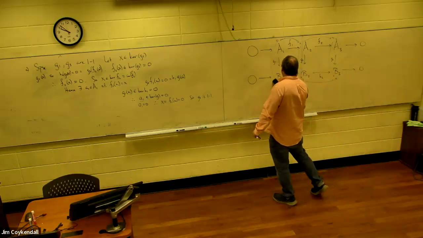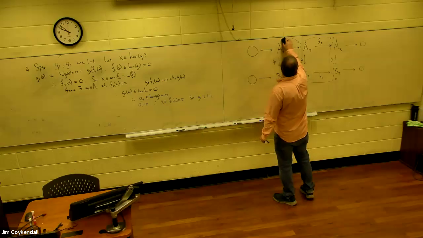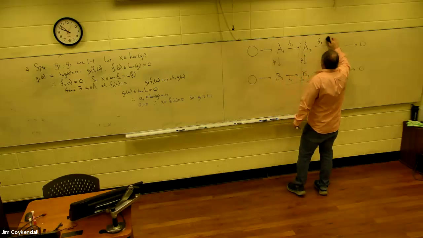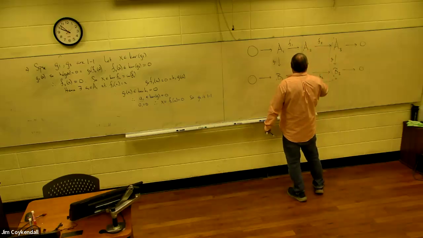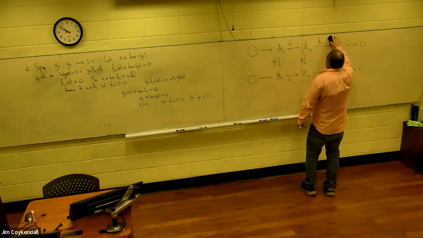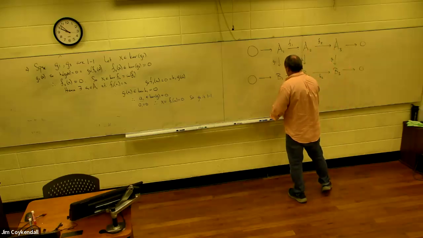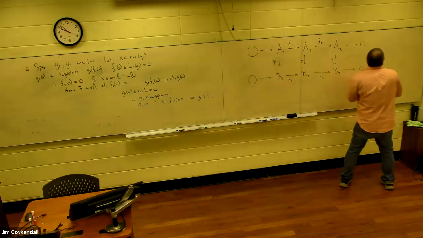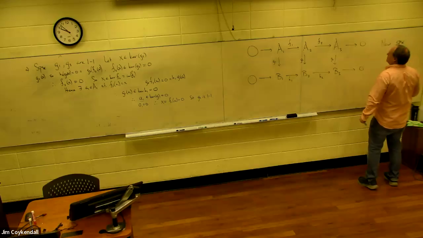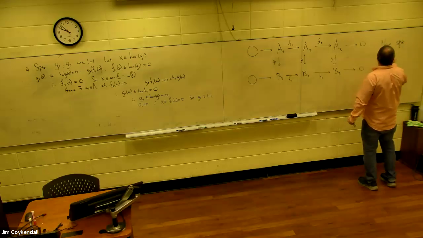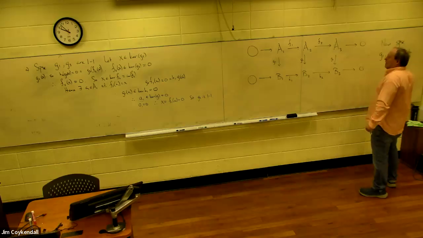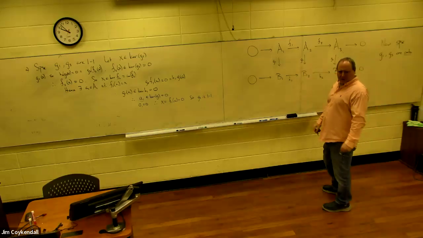I'm going to chase the other direction without the symbol, see if you guys can piece it together. We'll do it the other way. Now suppose that these two are onto, and again the rows are exact.